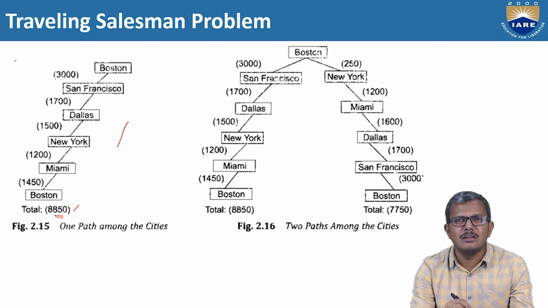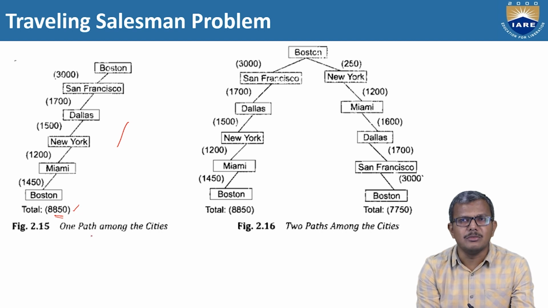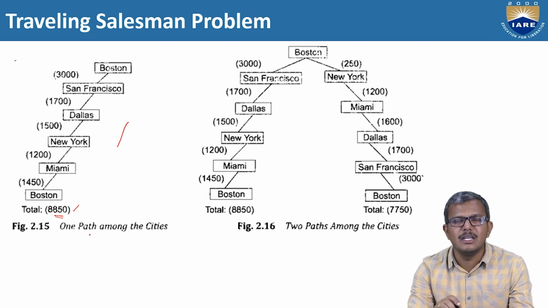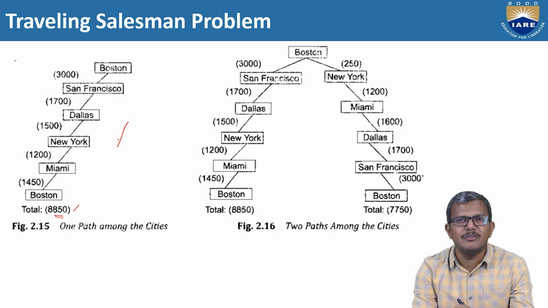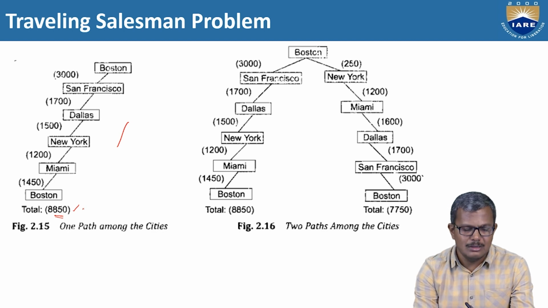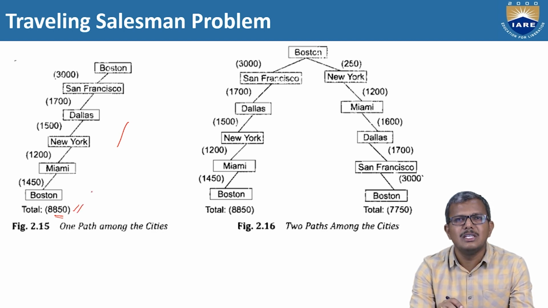Is this result absolute or relative? Here we can say that this is completely relative. Why is it relative? Because you have identified only one possible solution, only one path. Until and unless you explore the other paths between the cities, you should not say that this 8,850 is the shortest distance between the cities.